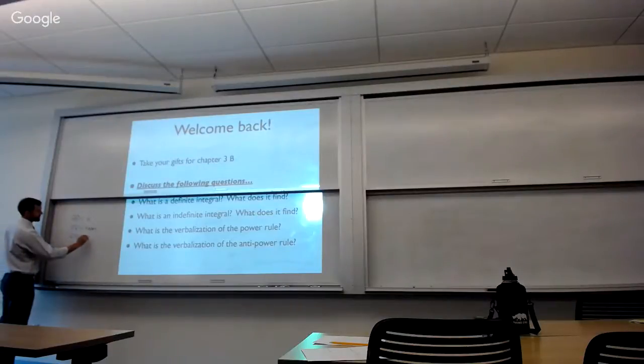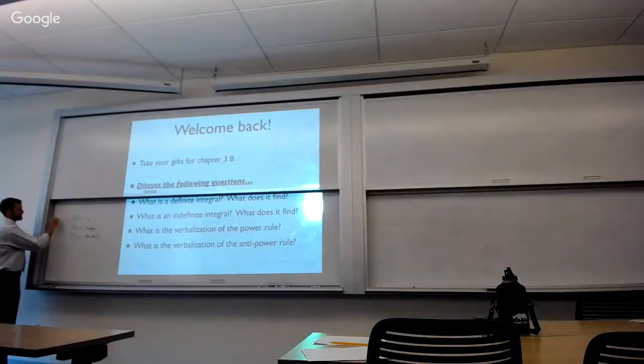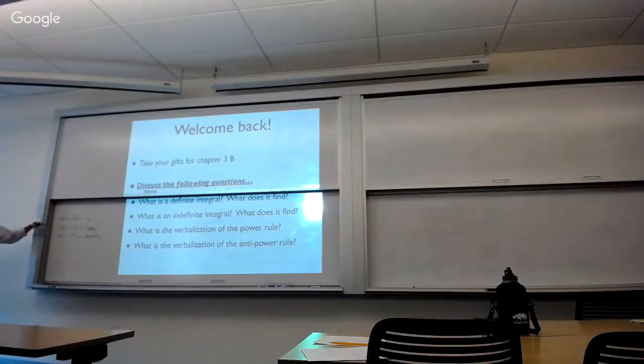Another thing we could do is go back to physics and say this one represents the position of a particle over time, this one represents the velocity of the particle over time, and this one represents the acceleration of the particle over time. Then we can move back and forth between these formulas by taking derivatives and antiderivatives.